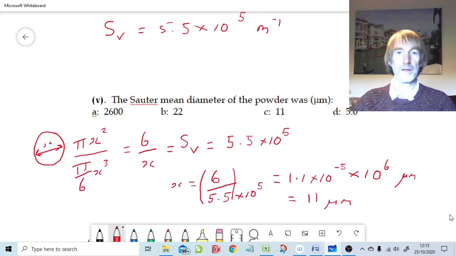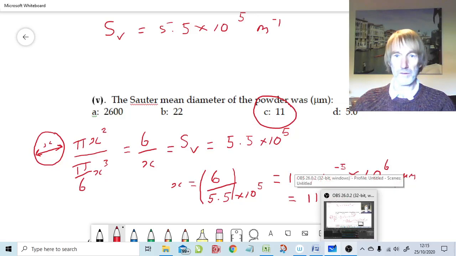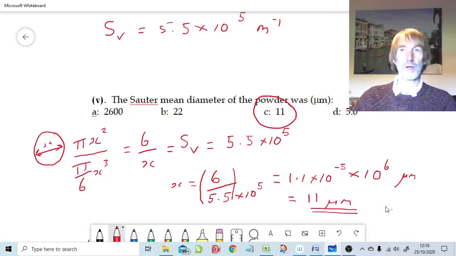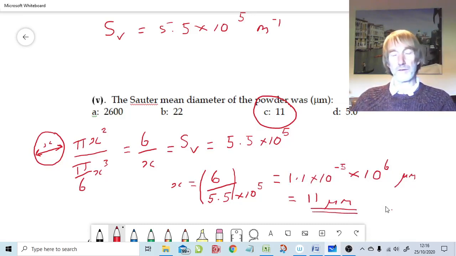So the Sauter mean diameter for this powder, the equivalent spherical diameter that represents the surface area per unit volume of the powder, is 11 microns. So that would be the value to use in design calculations for fluid flow through porous media, pressure drop, and similar sorts of things.